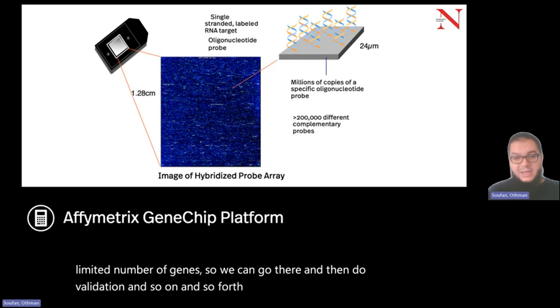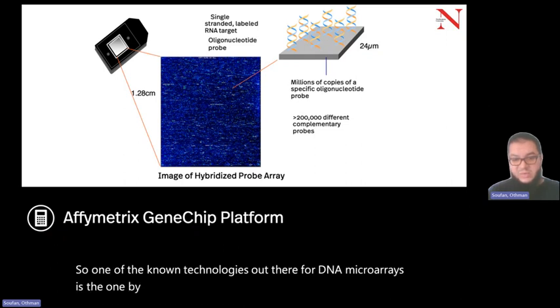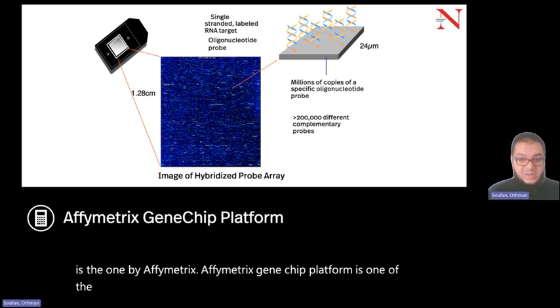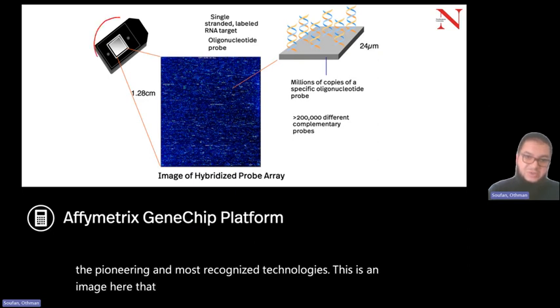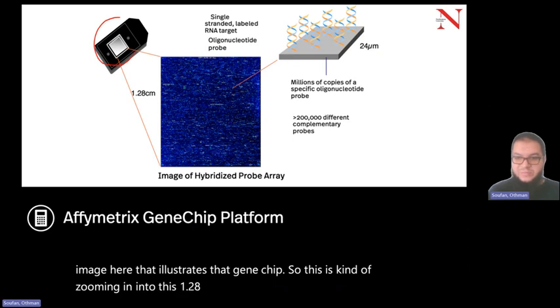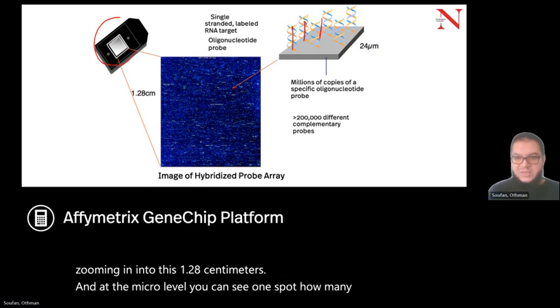So one of the known technologies out there for DNA microarrays is the one by Affymetrix. The Affymetrix gene chip platform is one of the pioneering and most recognized technologies. This is an image here that illustrates that gene chip. So this is zooming in into this 1.28 centimeters. And at the micro level, you can see how many probes one spot is going to have.